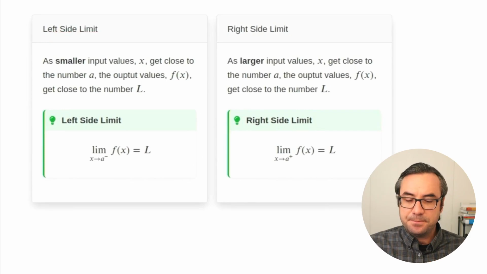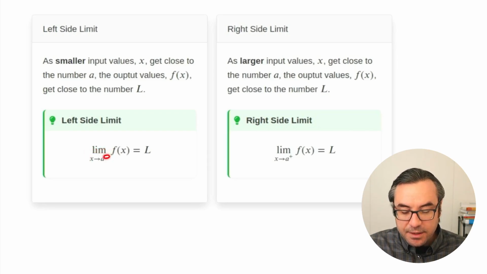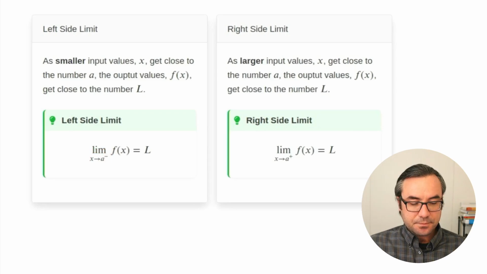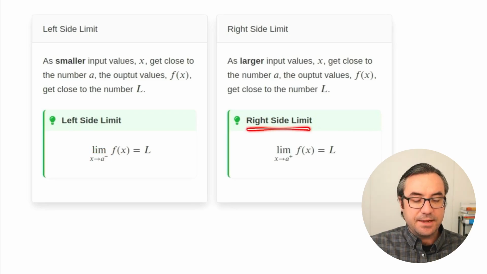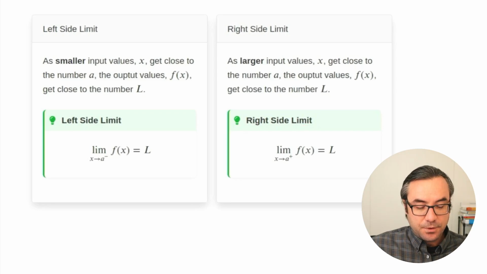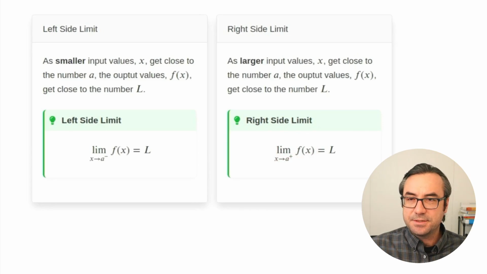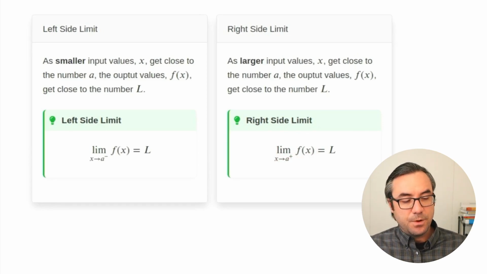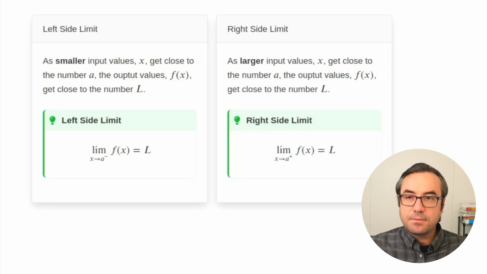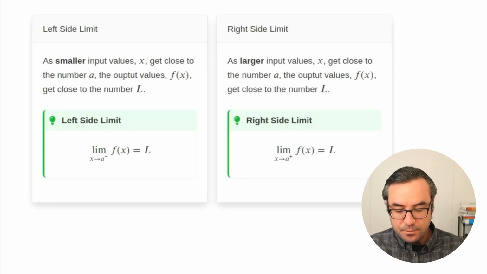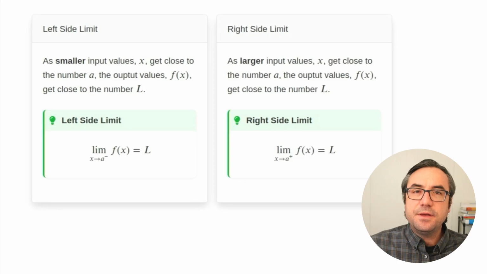So we have the left side limit, and the way we indicate the left side is with x approaching a with a little minus there. And then we have the right-sided limit, and the notation is the limit of our function as x approaches a, but with a little plus. So when we use this notation, you want to think of drawing the number line.